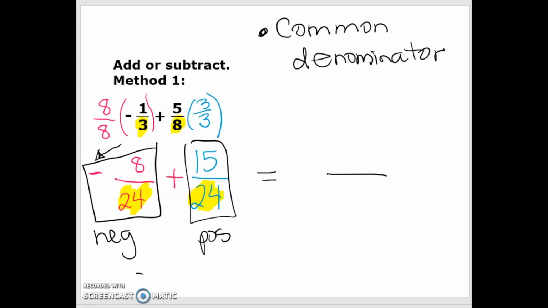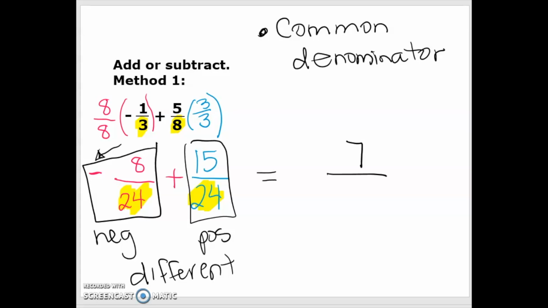So they have different signs. So now we're thinking back to those rules we learned in chapter 1. When the signs are different, we subtract. So we're going to be subtracting 15 and 8. So 15 minus 8 is 7.